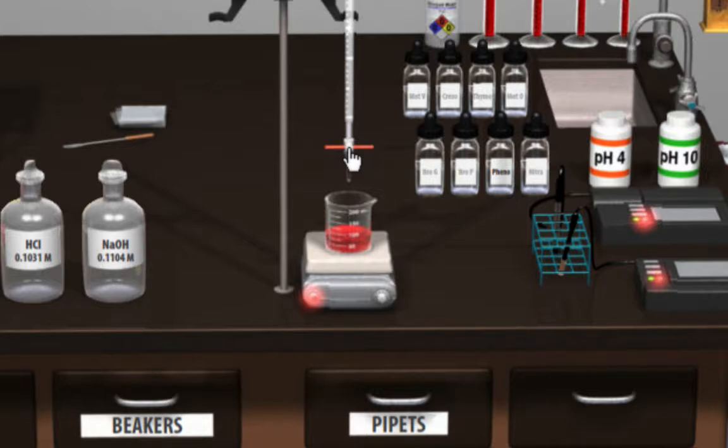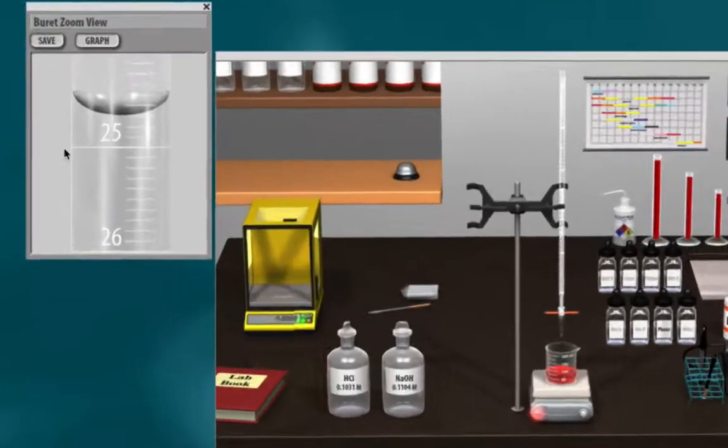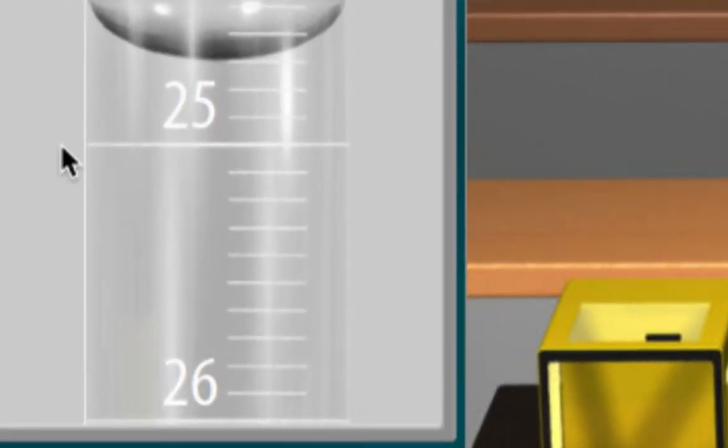And now that this thing is pink, guys, by reading this volume, we can actually calculate the concentration of that acid out to 5 significant digits. That's what this process allows you to do.